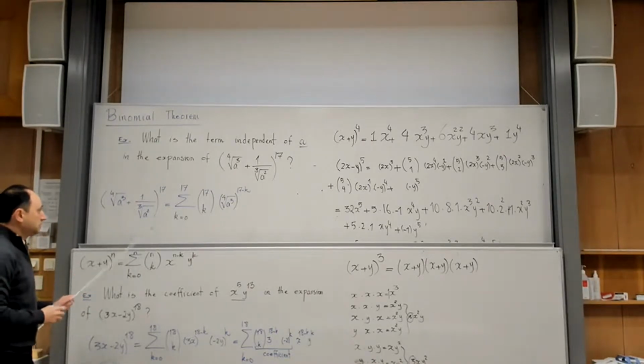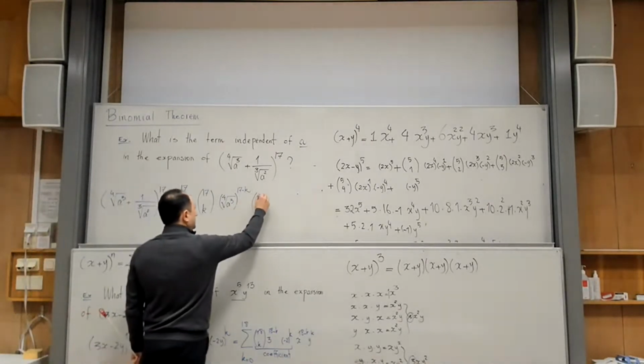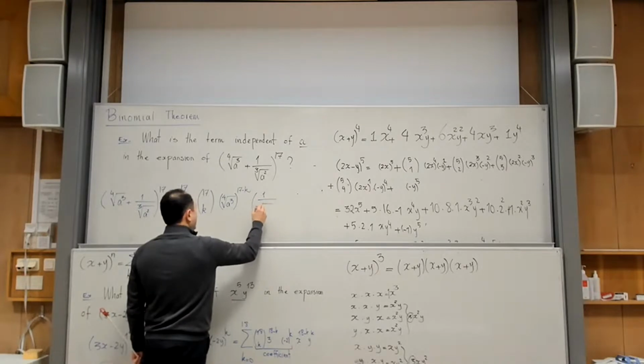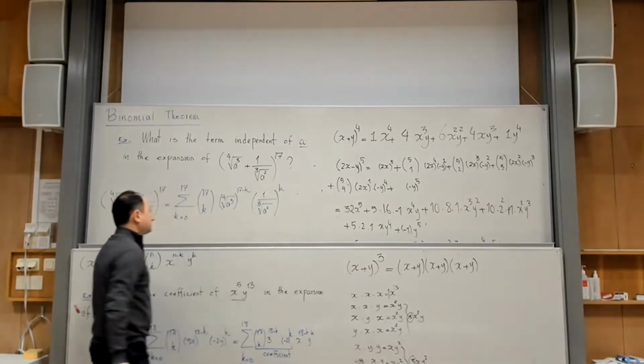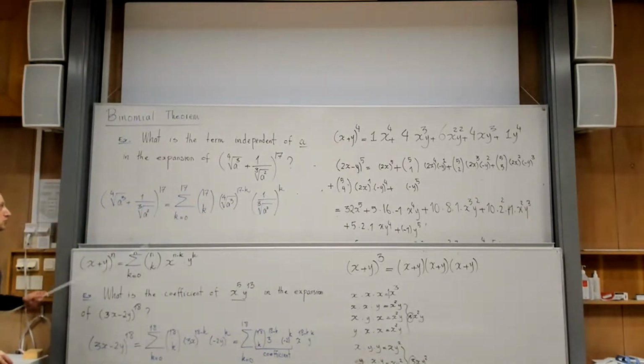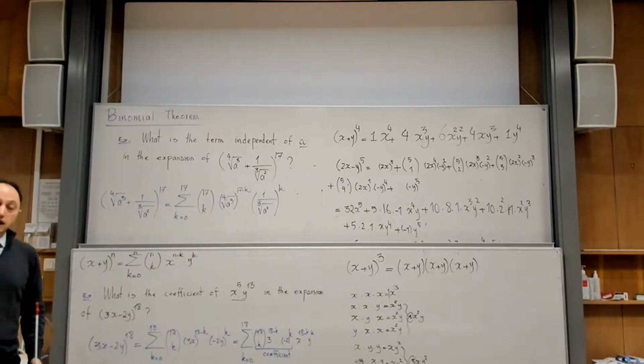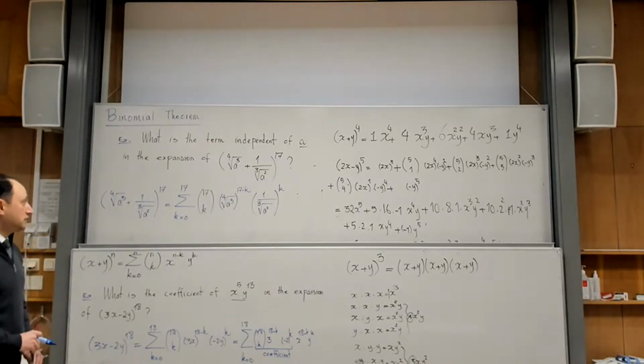Second term is this one, so this becomes 1 over the third root of a squared to the power of k. This is the whole mess, actually, if you really want to expand this expression. But you want to find the term which is independent of a. Do you have any suggestions? How can I find that particular value for k?